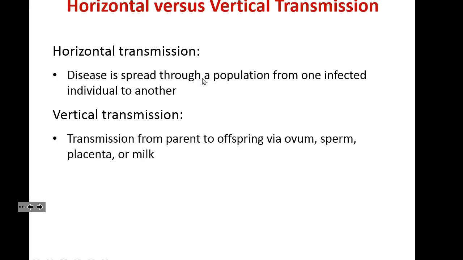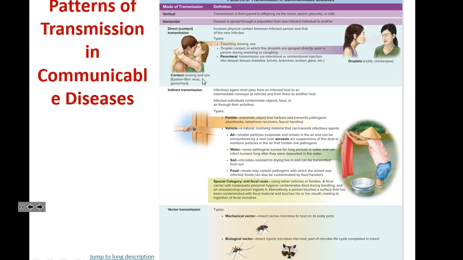Vertical transmission generally occurs from parent to offspring, okay? You can also get horizontal transmission from just touching, not actually kissing and sex. I mean, you can get it that way also, but touching.